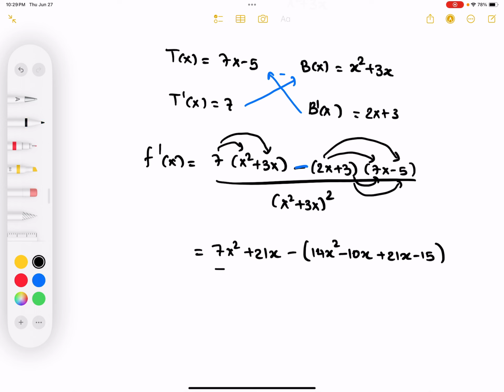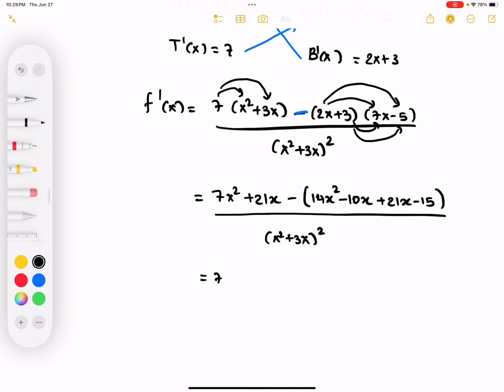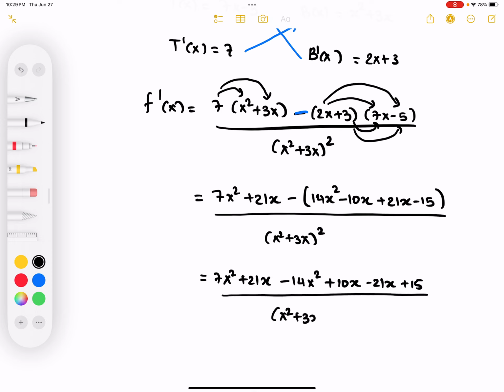And this is divided by x squared plus 3x the whole square. So again, 7x squared plus 21x. The negative multiplies all the terms inside the parentheses. So this is negative 14x squared plus 10x minus 21x plus 15 divided by x squared plus 3x the whole square.